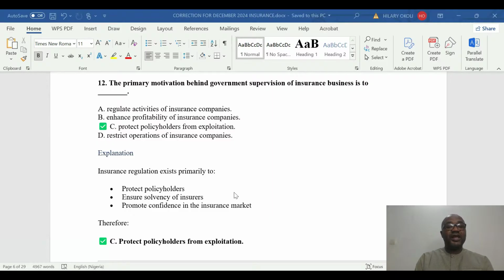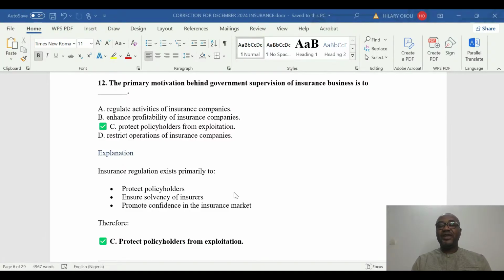Insurance regulation is primarily to protect policyholders, also to ensure solvency of insurers and promote confidence in the insurance market. Indirectly, it is also about insurance sustainability. But in this instance, the answer is to protect policyholders.